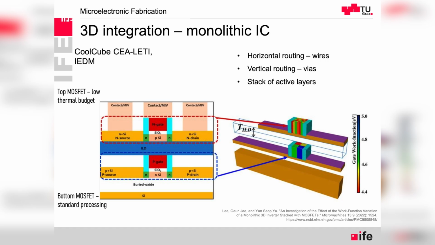Once we have deposited layers of metal, it's easy to destroy them by making another transistor on top, which needs again high processing temperature and to keep everything reliable. So what you can see here is the bottom MOSFET is the standard processing, and the top MOSFET is the low thermal budget. This thermal budget is the main challenge in making those transistors.